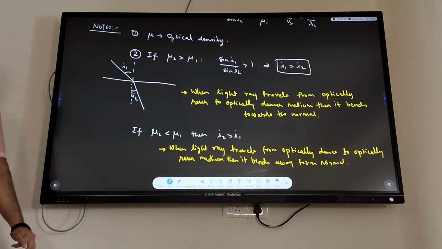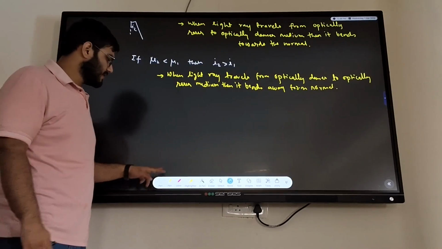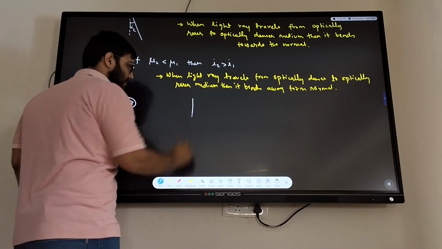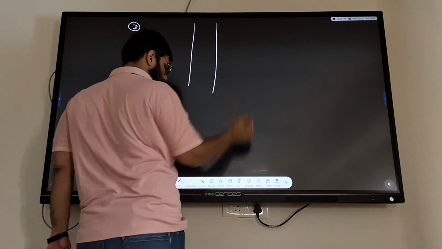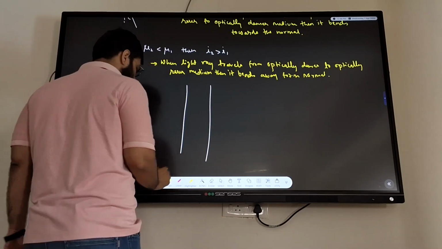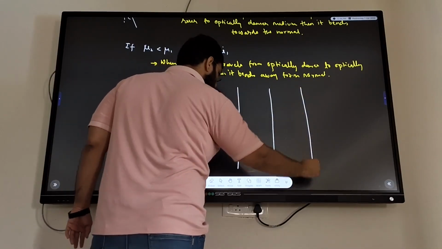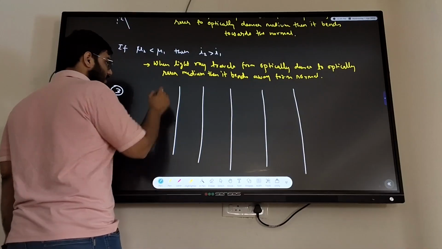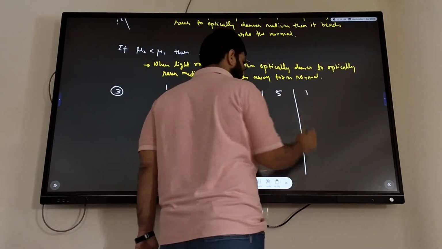Is it okay? Great. 3rd point, let me make this diagram and then you tell me how it will be. Let me make many boundaries, something like this, with 1, 2, 3, 4, 5, 1.